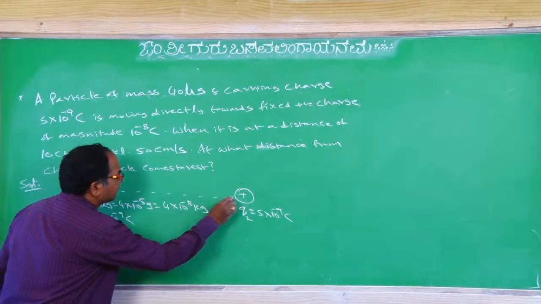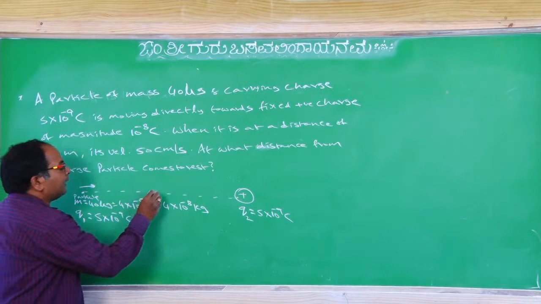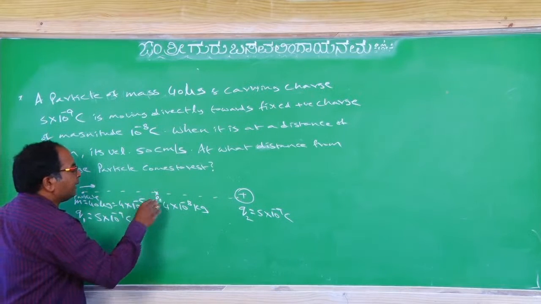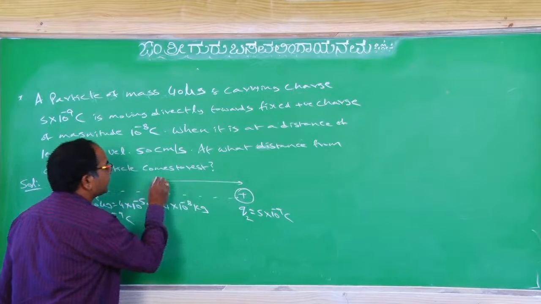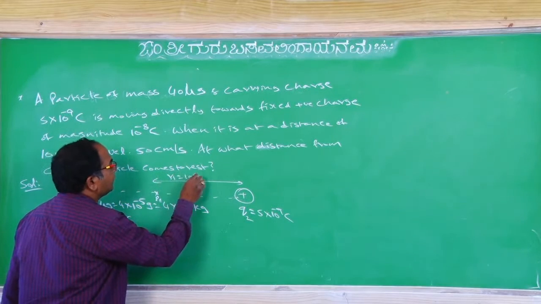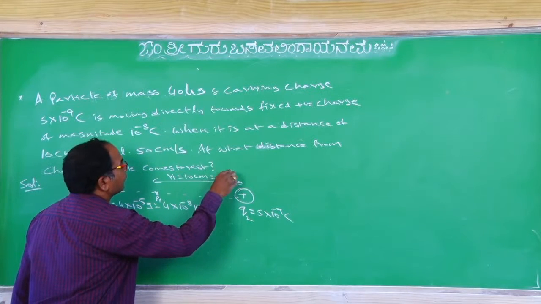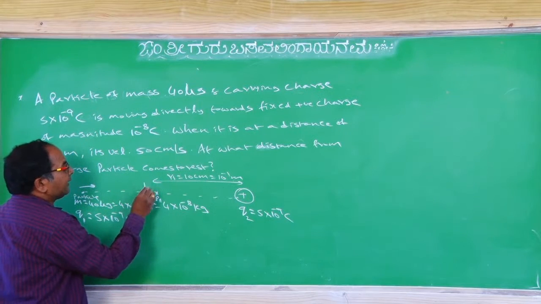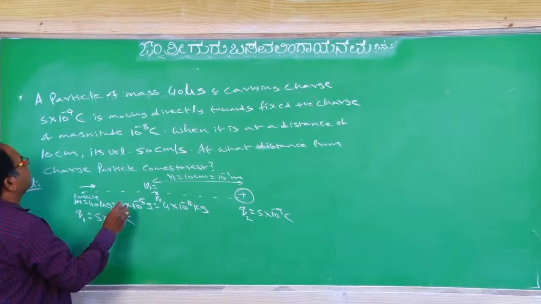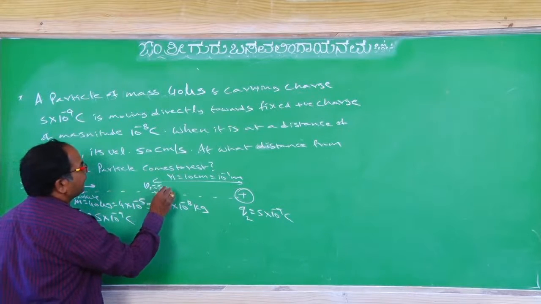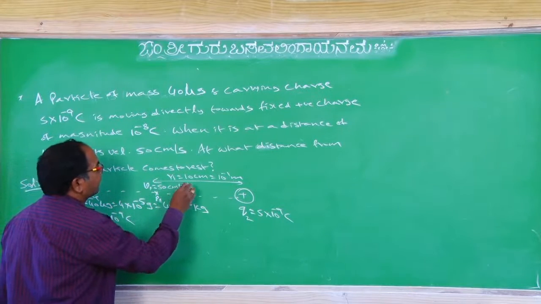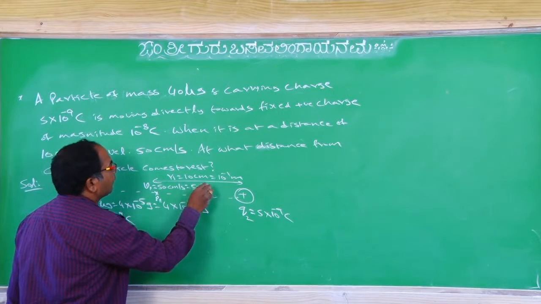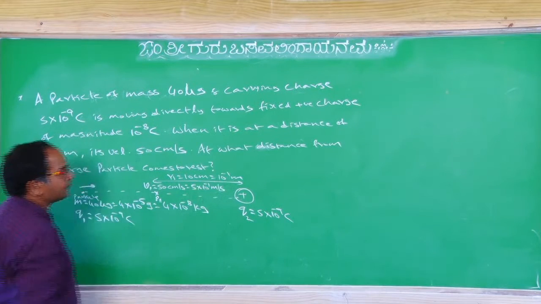Suppose this is point P1, then this distance R1 is equal to 10 centimeter, means 10 to the power of minus 1 meter. Here its velocity V1 is equal to 50 centimeter per second, means 5 into 10 to the power of minus 1 meter per second.